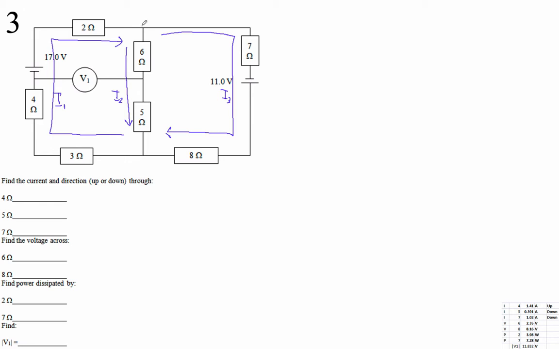So when I look at this junction here, I1 flows in, so we have to say in equals out, right? So I1 equals, well, it splits up into I2 and I3.